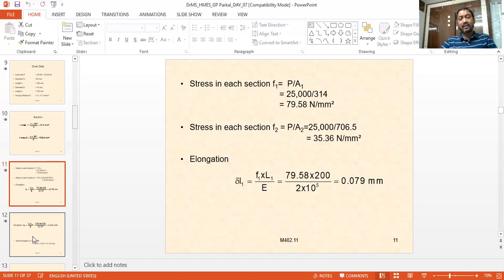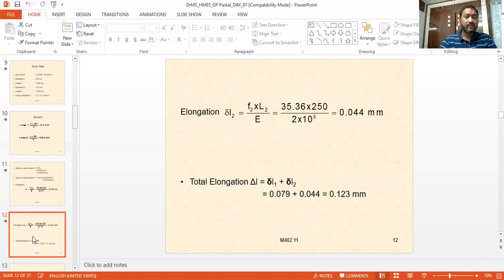So it is equal to 0.079 millimeters. Now coming to the elongation of section 2, delta L2 is equal to F2 into L2 by E.